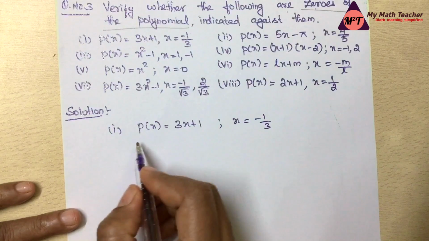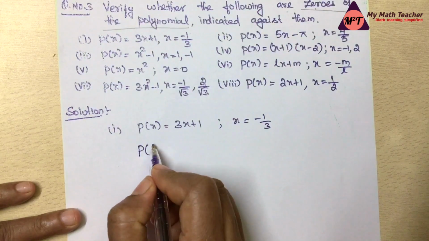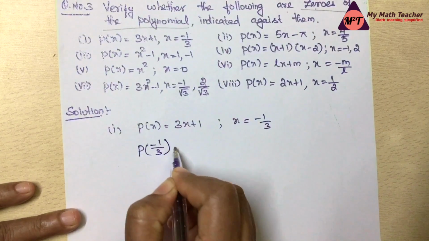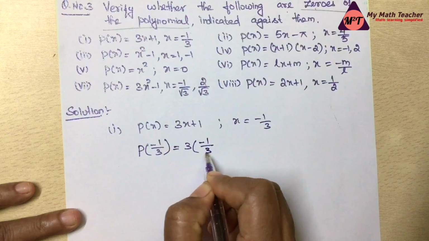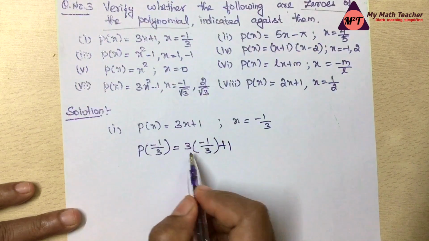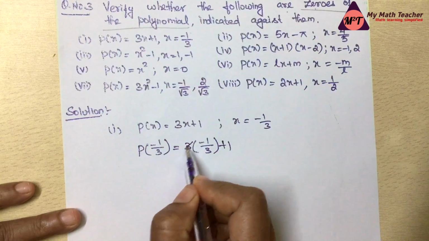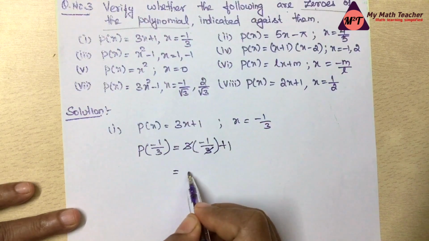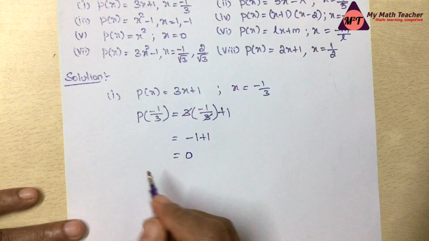Now in the place of x, I am applying minus 1 by 3, which is equal to 3 into minus 1 by 3 plus 1. Now 3 into minus 1 by 3, we can divide 3 and 3. So finally we have got minus 1 plus 1. Minus 1 plus 1 is equal to 0.